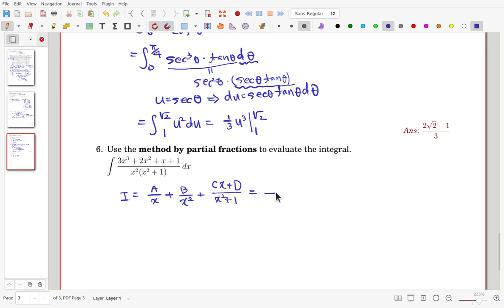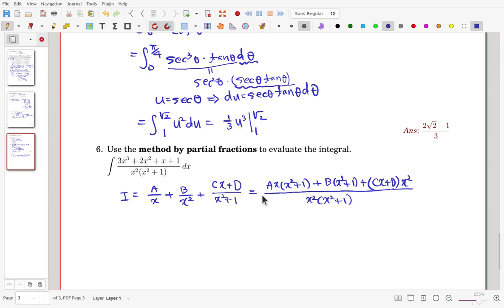Okay, first we combine them. The common denominator must be x squared times x squared plus 1. From the first one, that will be A times x times x squared plus 1. From the second one, there is B times x squared plus 1. From the last one, there is Cx plus D, and we have to multiply by x squared, right?